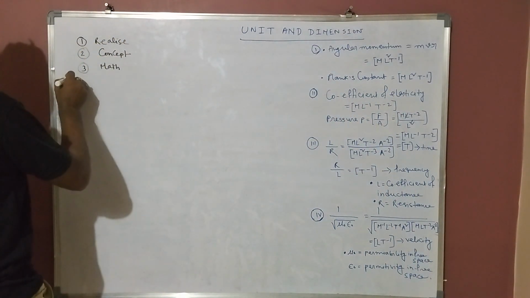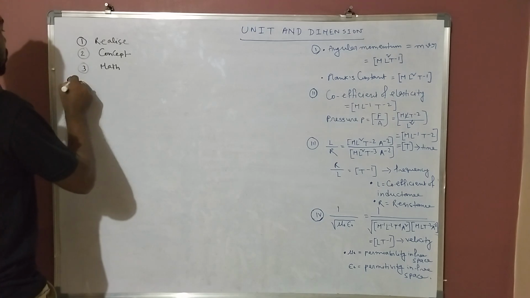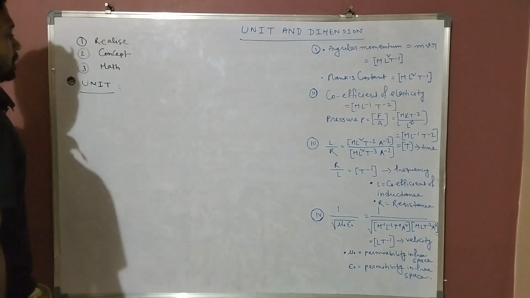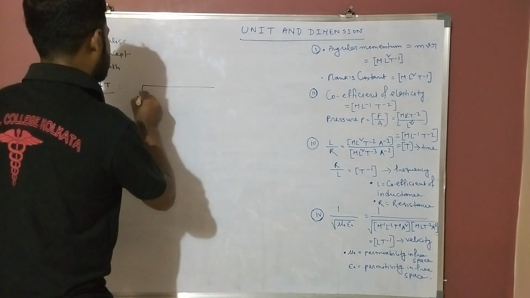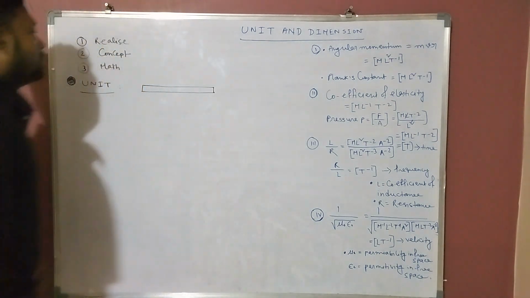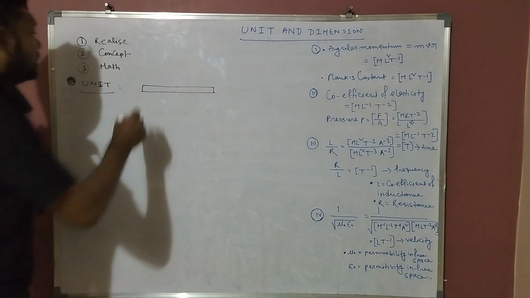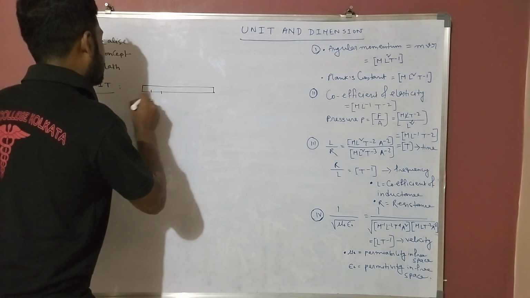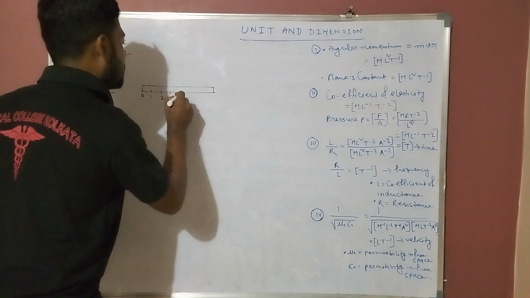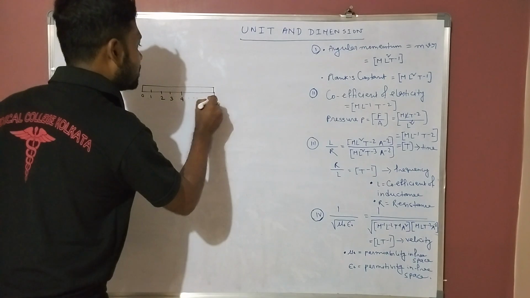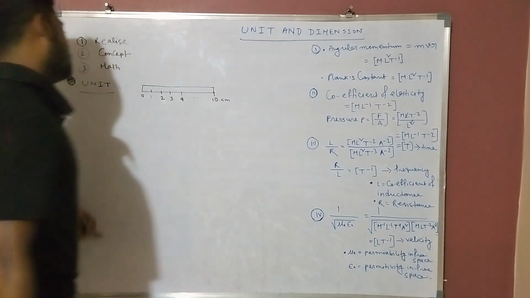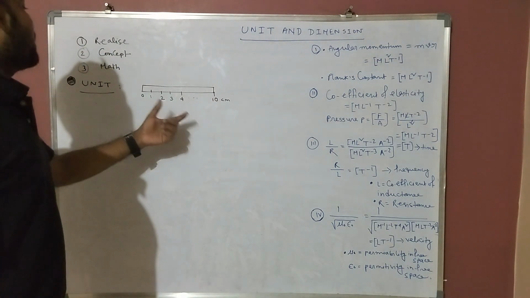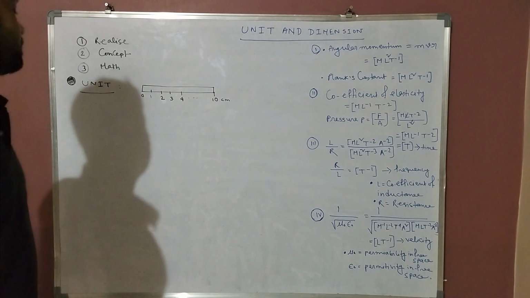What is the unit? Suppose it's a scale: 1 centimeter, 2 centimeter, 3 centimeter, 4 centimeter, up to 10 centimeter. So how can you say it is 10 centimeter?